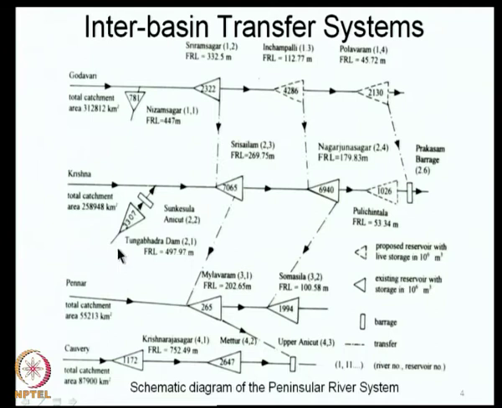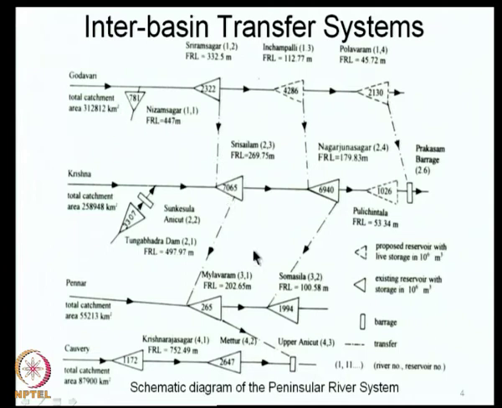Now, this is a large system. We are talking about 4 major river basins. The numbers within the triangles indicate the storage in 10 to the power 6 meter cube, that is million cubic meters. So, these are the storage capacities that are available.